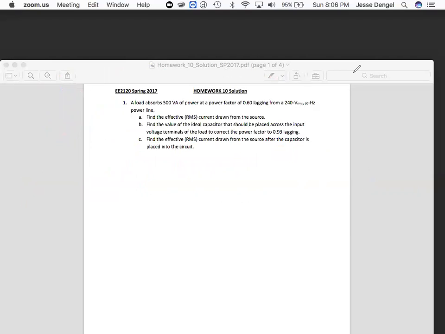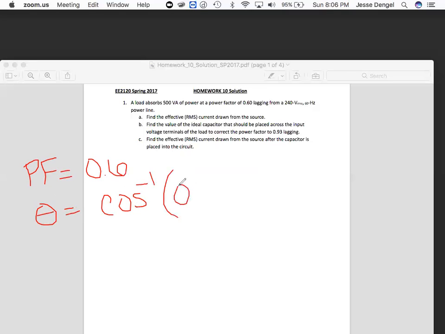So now that I've explained that, given our power factor is equal to 0.6, we need to find our theta, and our theta is equal to cosine inverse of 0.6, which in degrees is equal to 53.13 degrees.